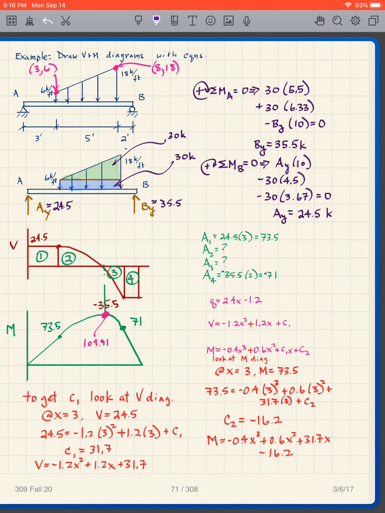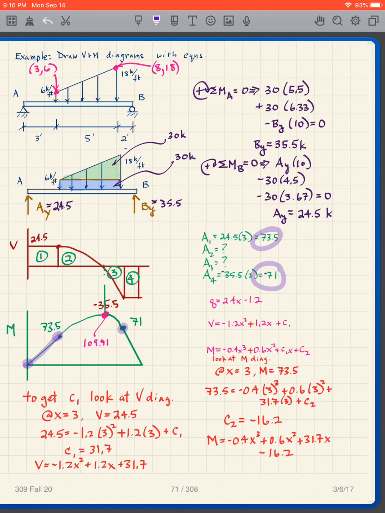So I can work this in both directions. I start at 0. You can all get these areas. That's 73.5. So I go up to 73.5 on this side. This area is negative 71. That means I have to be at 71 there because I'm going to go down to 0. So I get the 73.5, I get the 71.